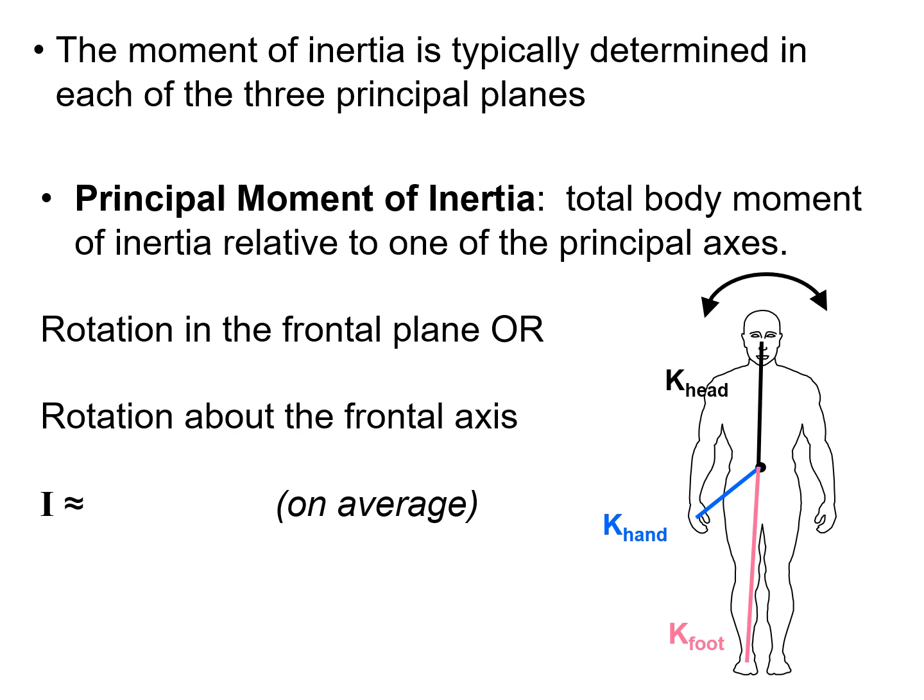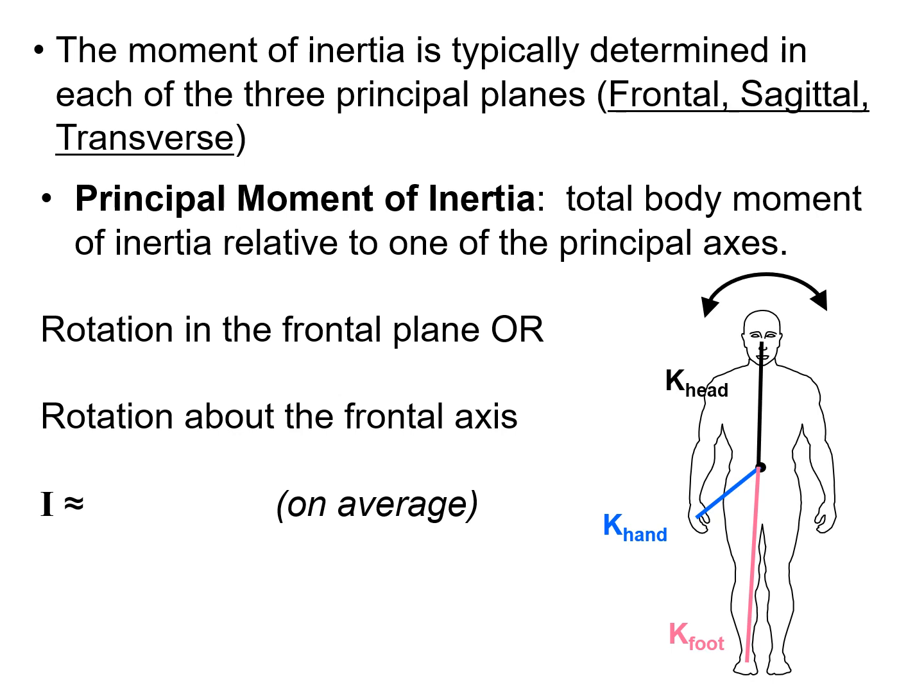And the moment of inertia is typically determined in each of the three principal planes, okay? The frontal, sagittal, and transverse planes. The principal moment of inertia is the total body moment of inertia relative to one of our principal axes. So for rotation about the frontal axis, we'll say that's 10 kilogram meters squared on average.